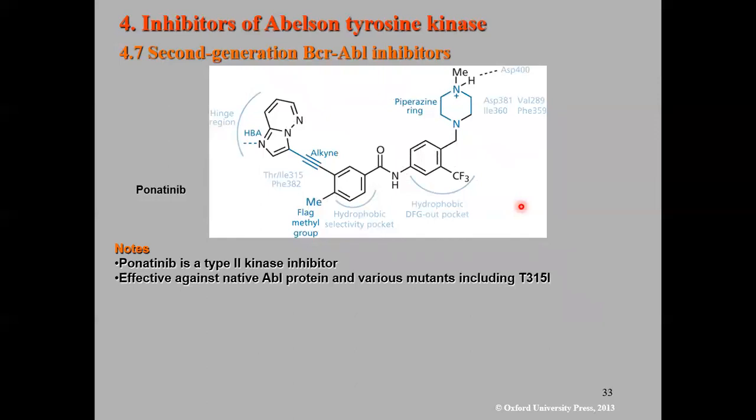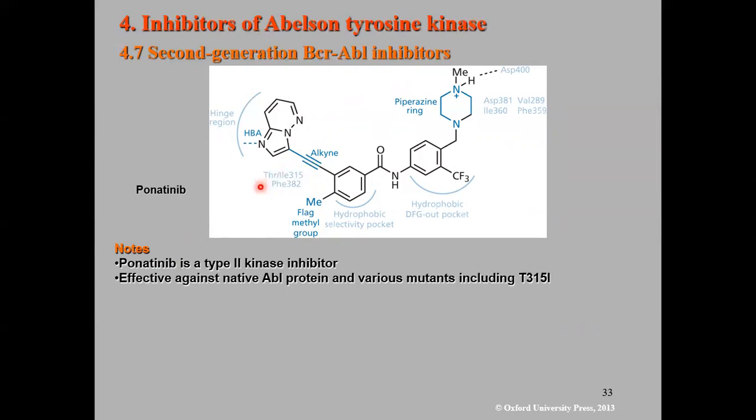It's effective against native ABL protein and various mutants, including the T315I mutant. Okay, why? Because you don't have a group here that can form hydrogen bond with threonine.